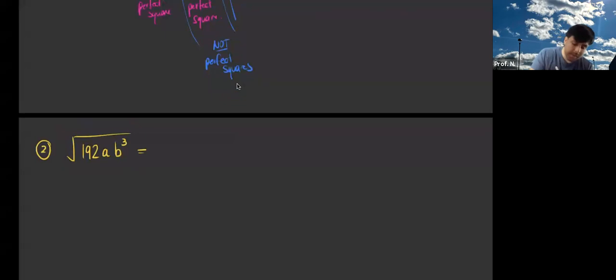Okay, so now I have to figure out what is the largest perfect square that divides 192. If you look at it, the highest perfect square is 64. 64 times 3 gives me 192. So 64 is a perfect square, and it's the largest one.